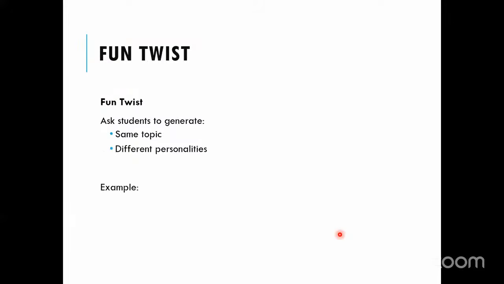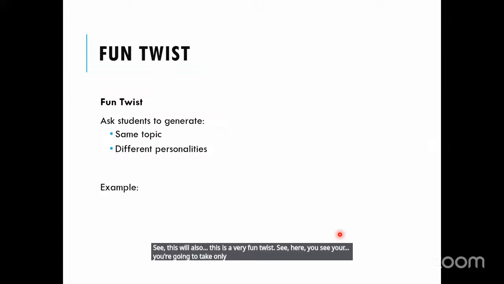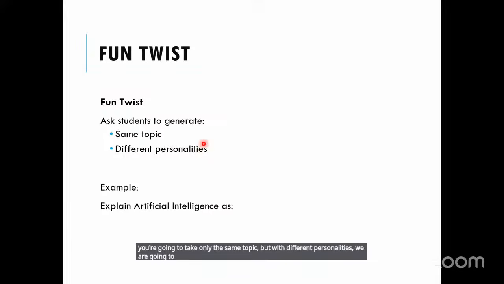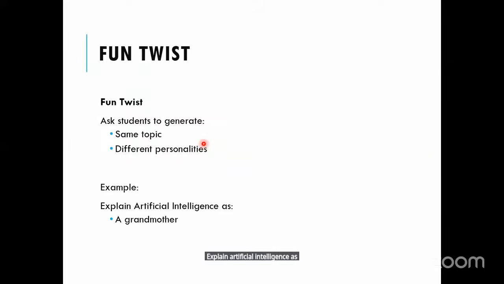Next, this is a very fun twist. You're going to take only the same topic, but with different personalities, and write the prompt. Can you see here? Explain artificial intelligence as a grandmother.